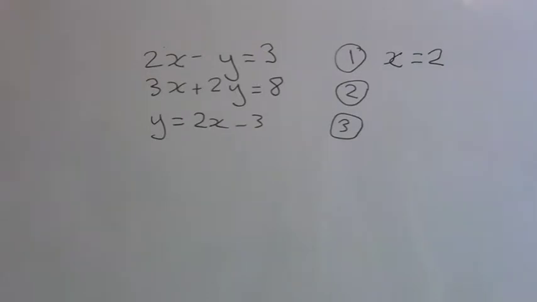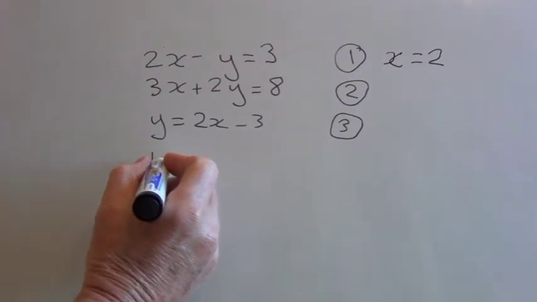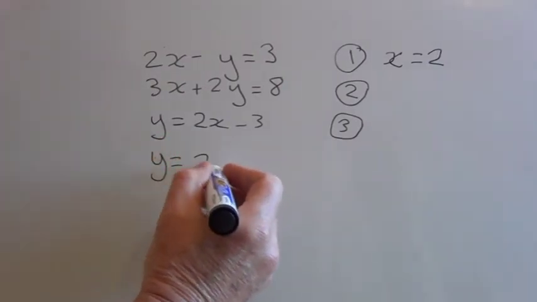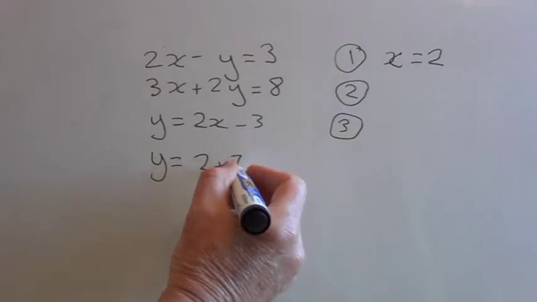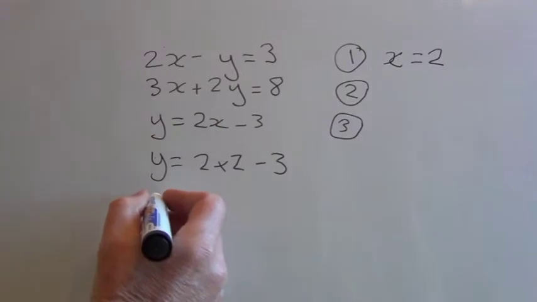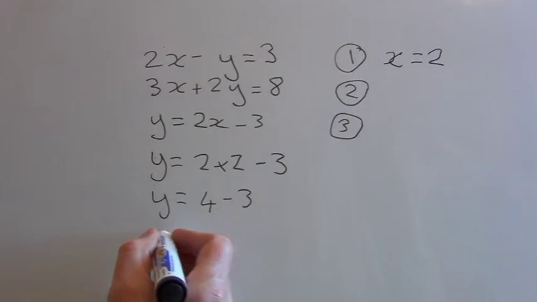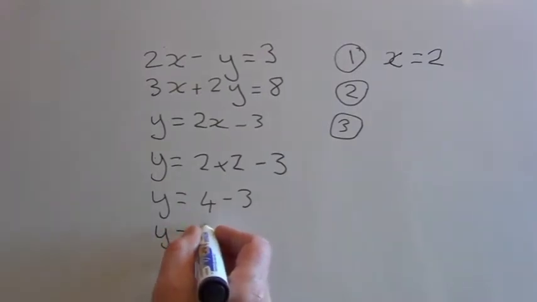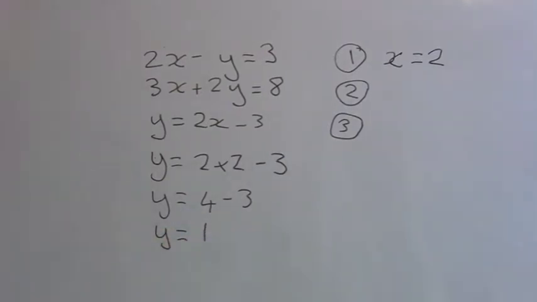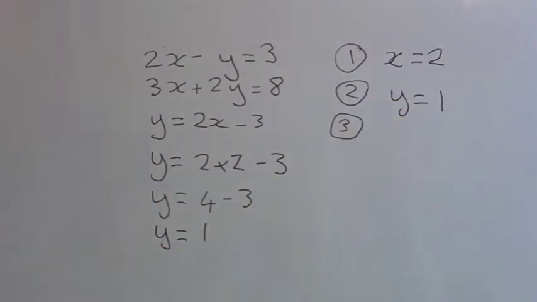Okay, so in equation 3 I can use this to find the value of y. So by putting my value of x in, I get y equals 2 times 2 minus 3. So therefore y equals 4 minus 3, so y equals 1. So I'll make a note of the value y equals 1 up in the top right hand corner.